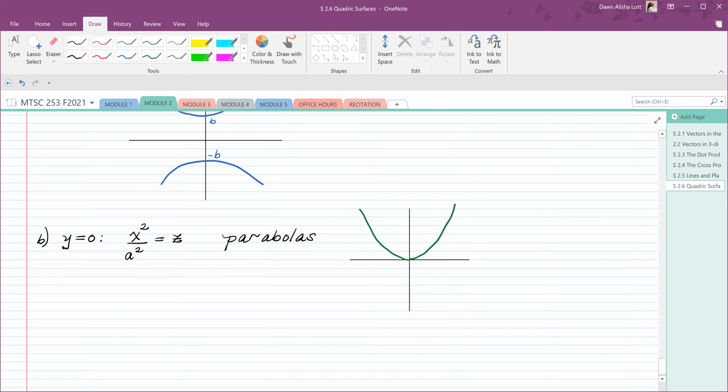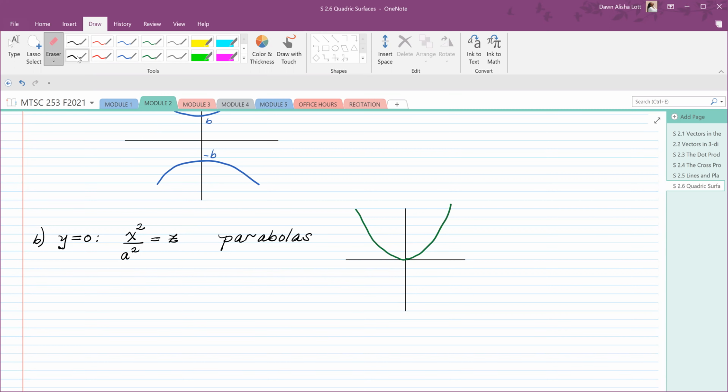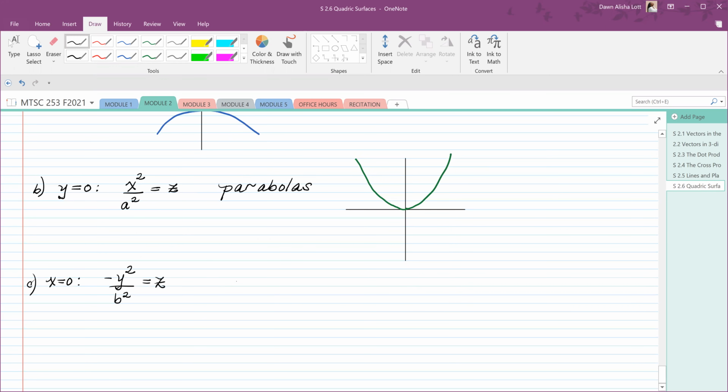And if x is equal to 0, I get minus y squared over b squared is equal to z. And again, I will get parabolas, but these are like this.